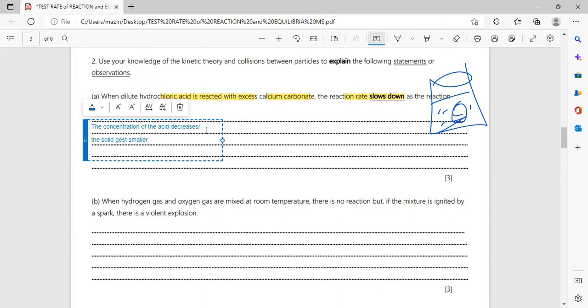For both of these reasons, the concentration and the solid, there will be fewer collisions between the acid particles and the solid particles. The frequency means how frequently they collide. Frequency of the collision.